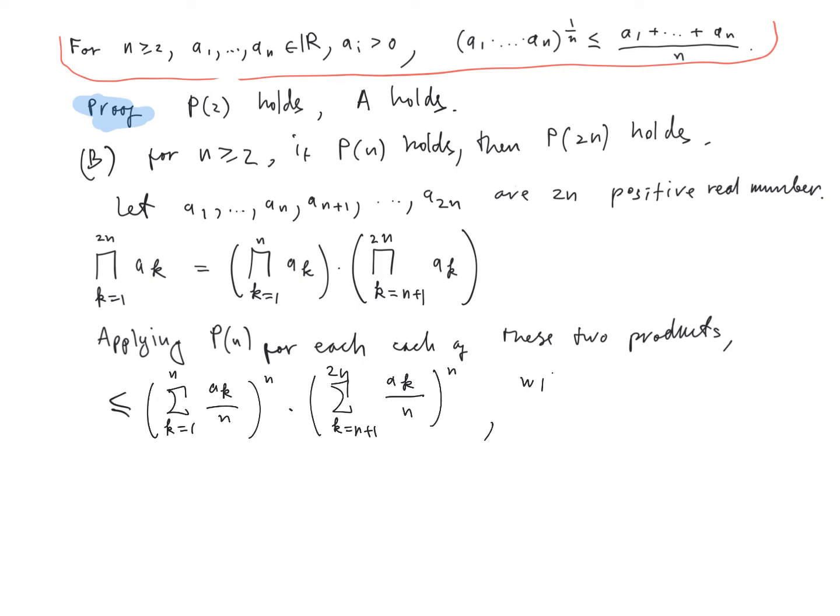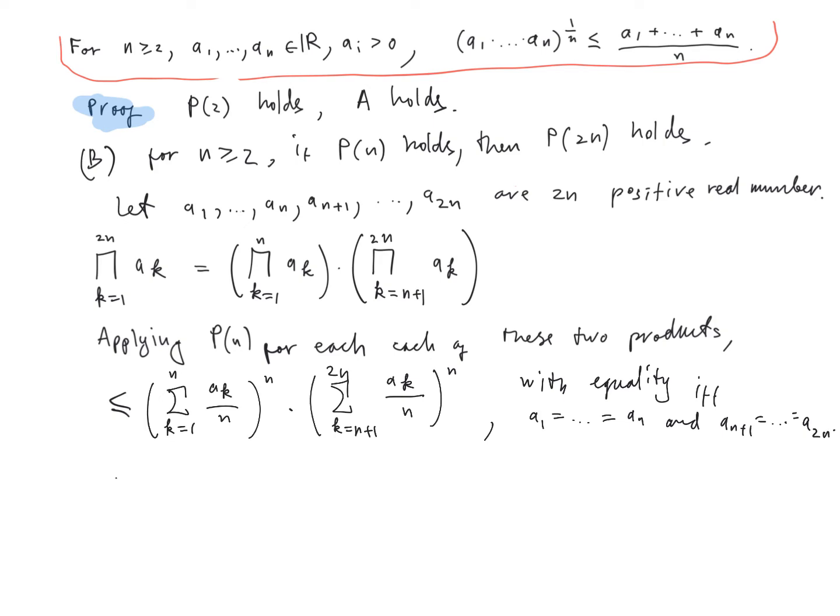And again, by Pn we have that the equality holds if and only if the numbers from a1 to an are all equal and the numbers an plus 1 up to a2n are all equal.